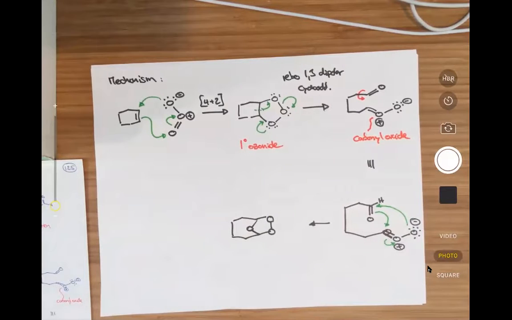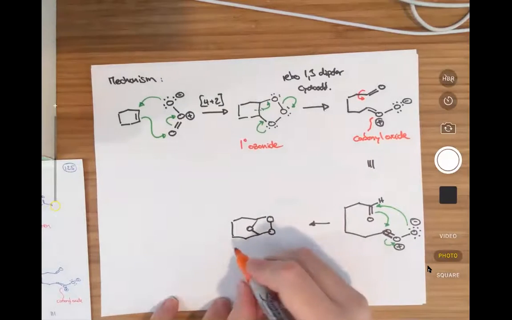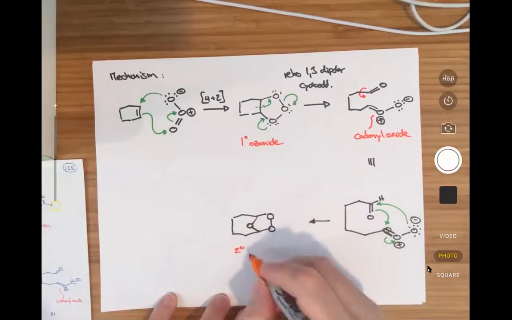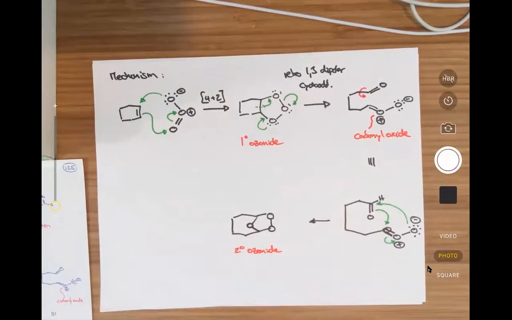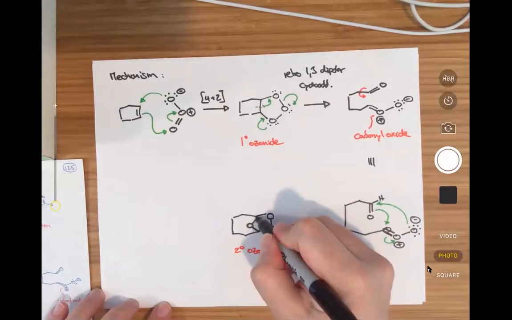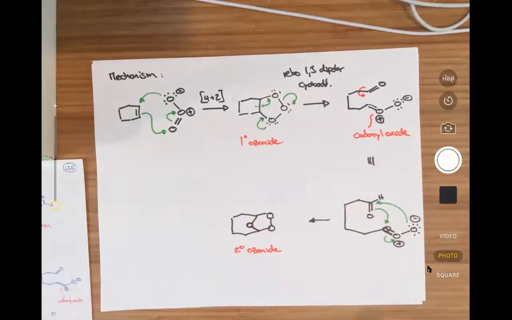So this is what we call the secondary ozonide. Now this is essentially the final product of the first step of this reaction of the ozonolysis.